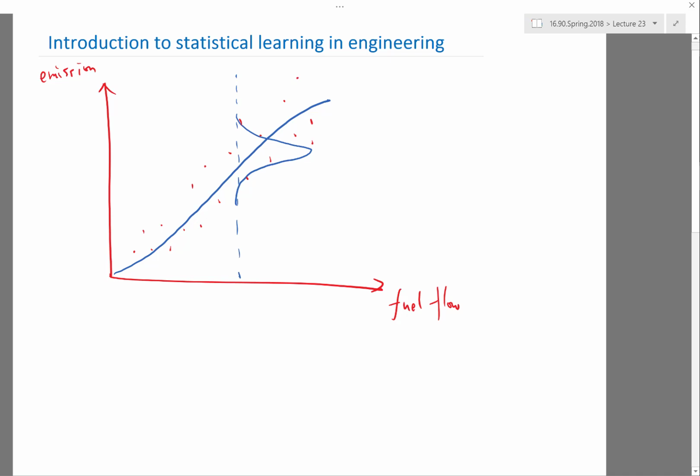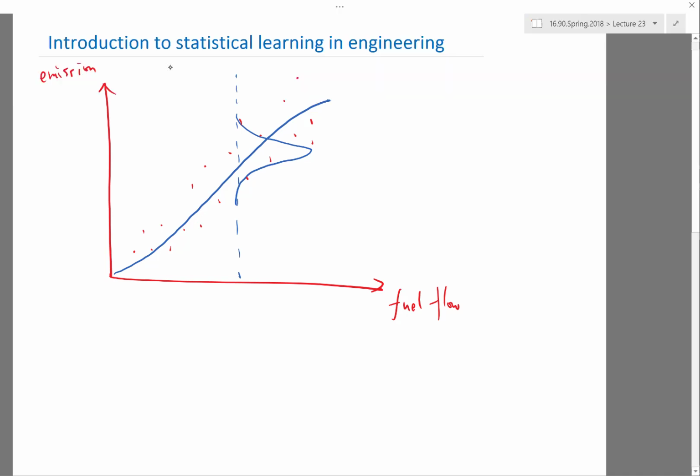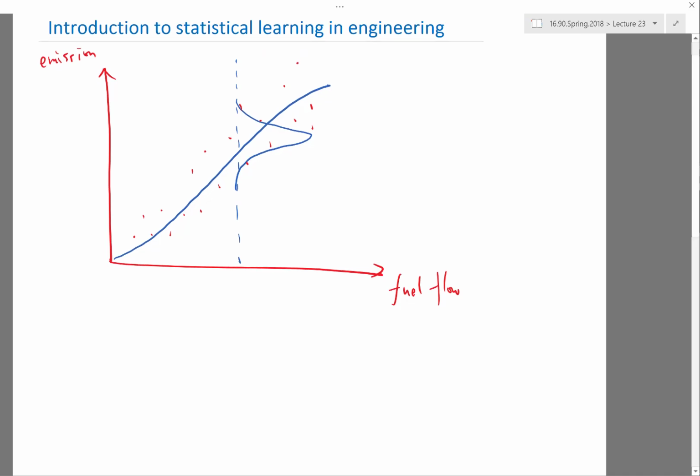Another application of this, popularized recently by the whole deep learning movement, is that there are a lot of scenarios where the outcome is a function not of just one variable like here, nor several variables, but of an extremely large number of variables.